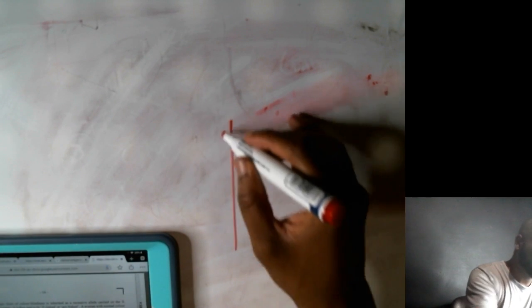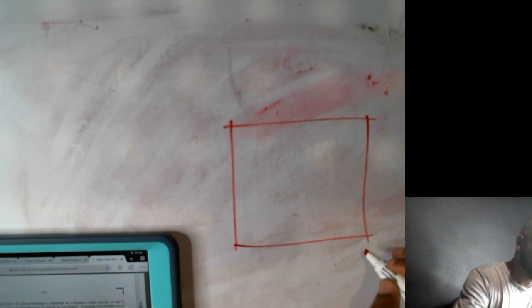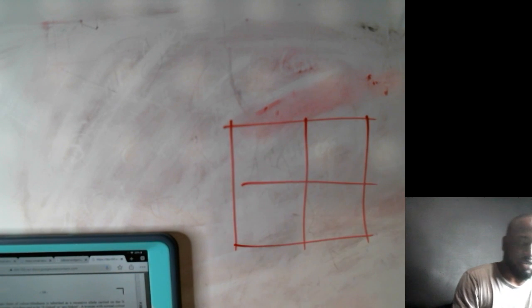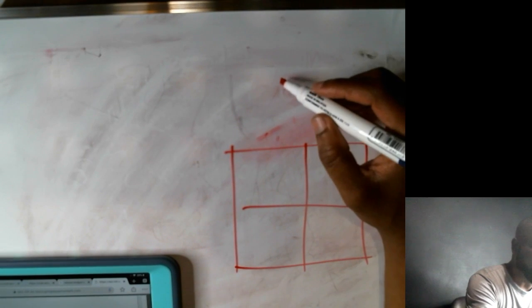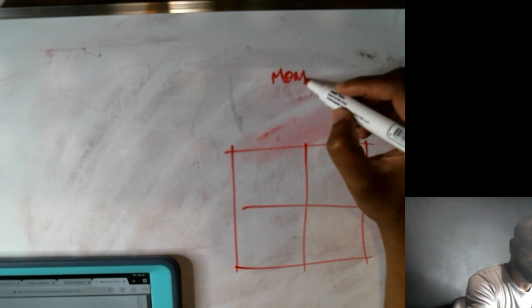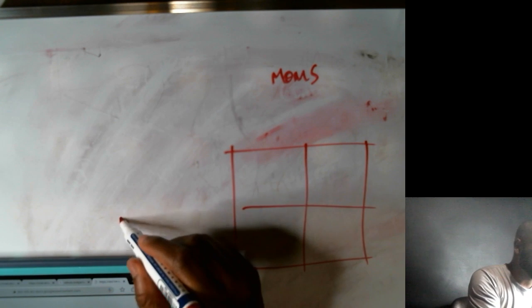Yeah, the boxes thing. Arrows. Whatever. Let me see if I remember how to do this. So you line up the squares like this, and we can put moms on top. We put dads here.